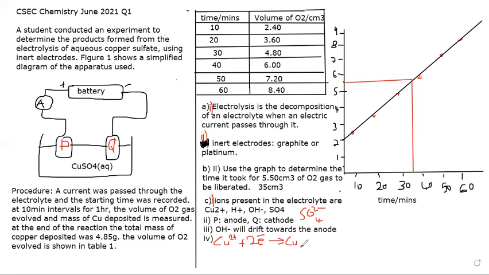Right, so we put an S for solid and AQ for aqueous. So it's Cu2 plus plus 2 electrons to give copper. So that was part 4.